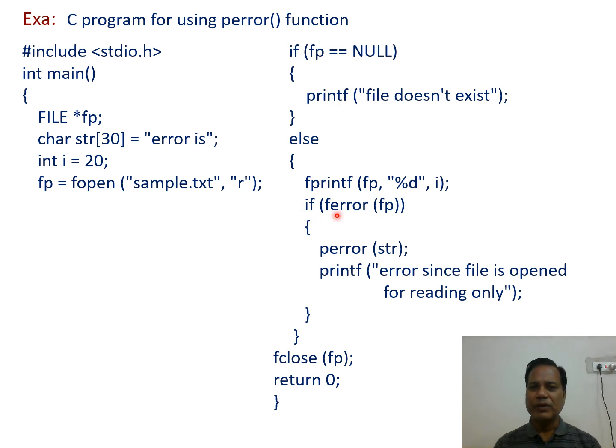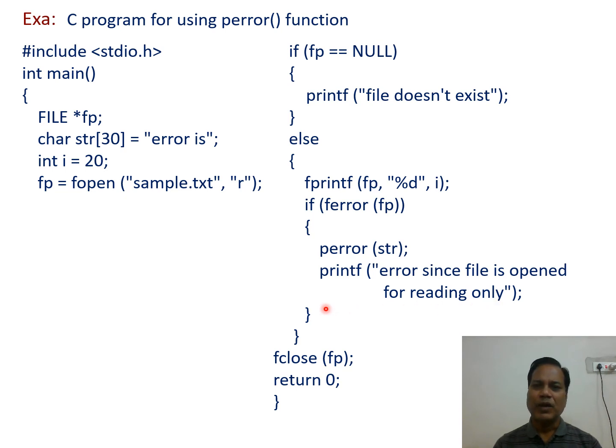Again if ferror(fp), if an error occurs during the write operation, then perror(str) is called, and "error is" is printed, and in the next printf statement, "error since file is open for reading only".